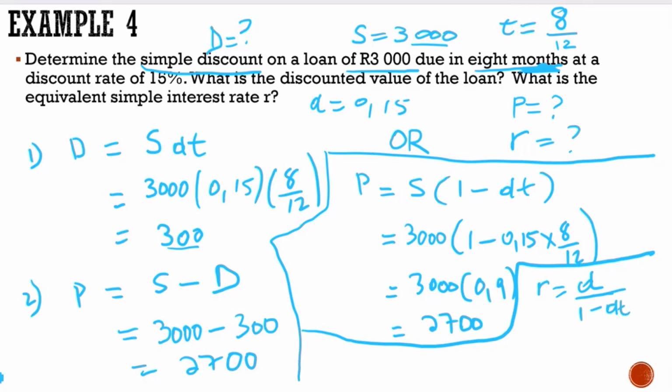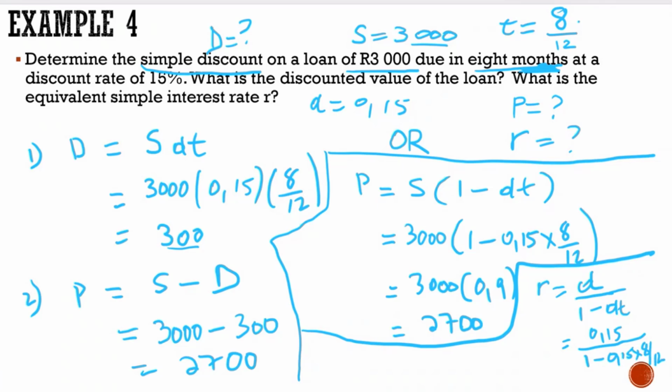So your D is equal to 0,15 divided by 1 minus 0,15 times your T. Your T is 8/12.